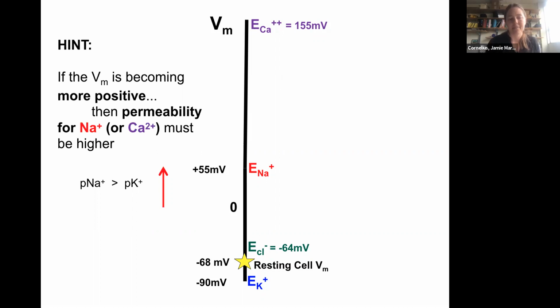In order to drive the membrane potential more positive, it has to be through one of those two ions, at least if you're not using cellular work to change it. In that case, your permeability for sodium would be higher than the permeability for potassium. That's what happens in an action potential. The sodium channels open, that increases the permeability for sodium, and so VM starts to go up.